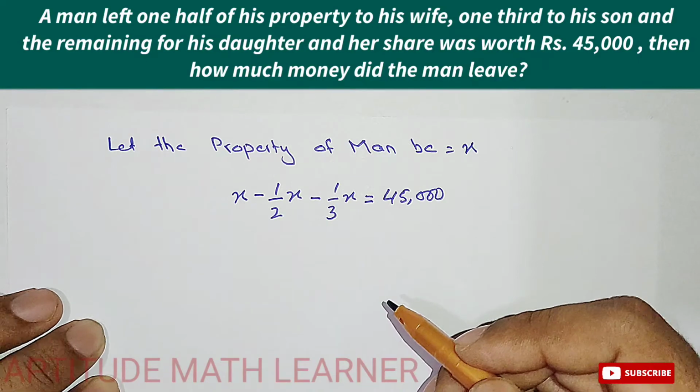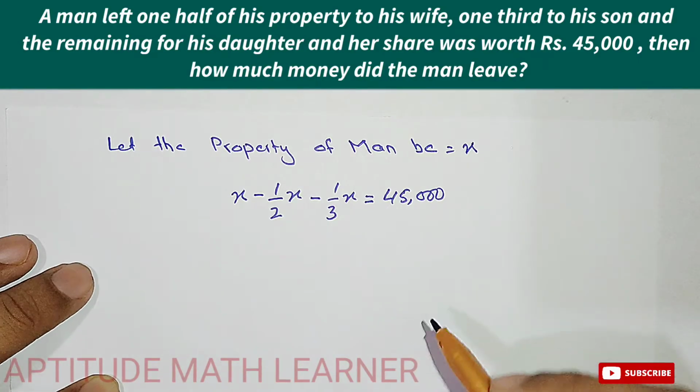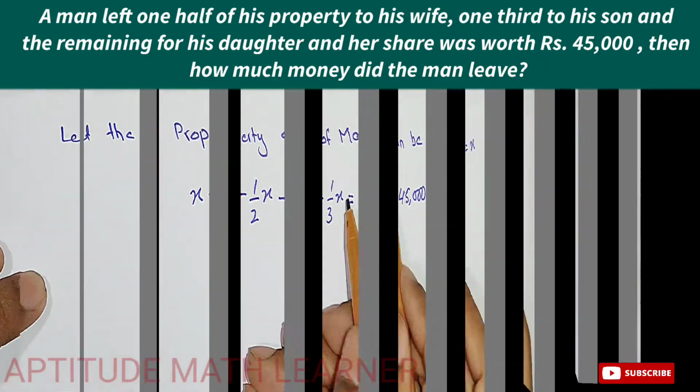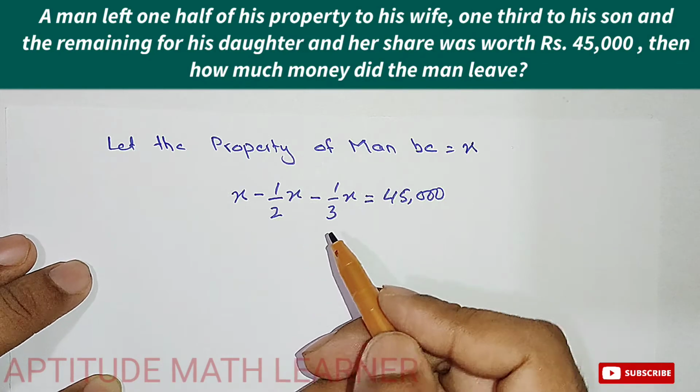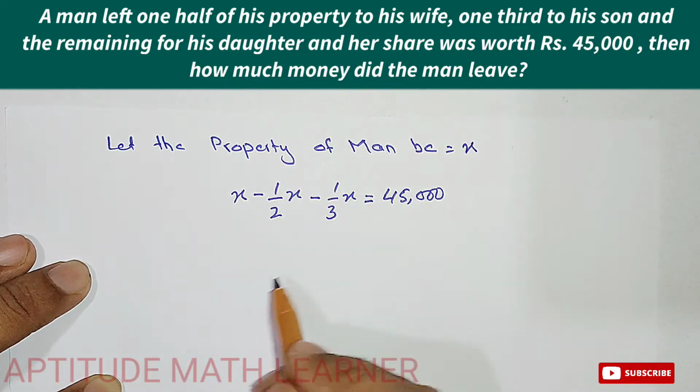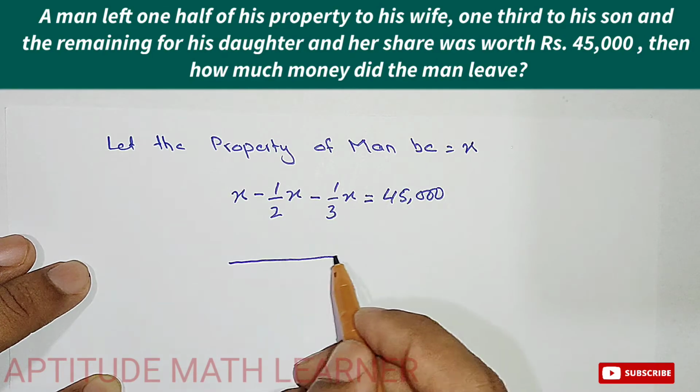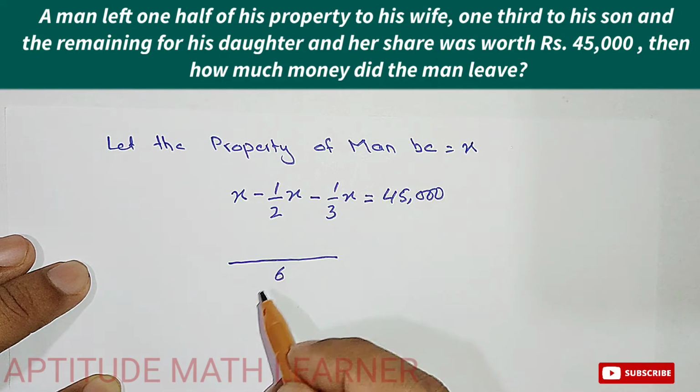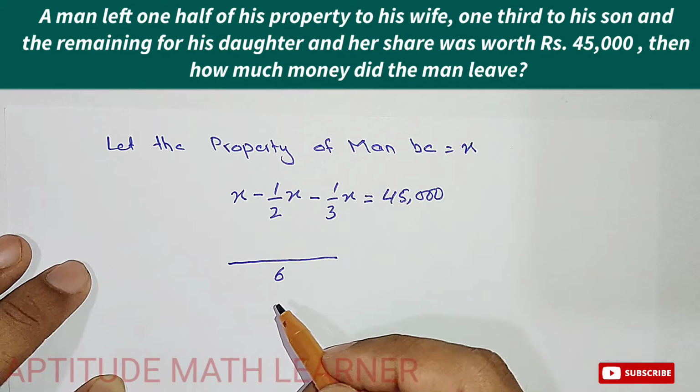Now further, to solve this, we take the LCM of x/2 minus x/3. So from here we take the LCM of 2 and 3, and the LCM of 2 and 3 becomes 6.